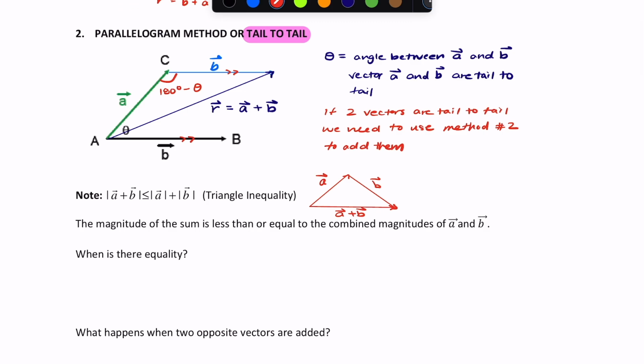So here, again, when can we see that there is equality?